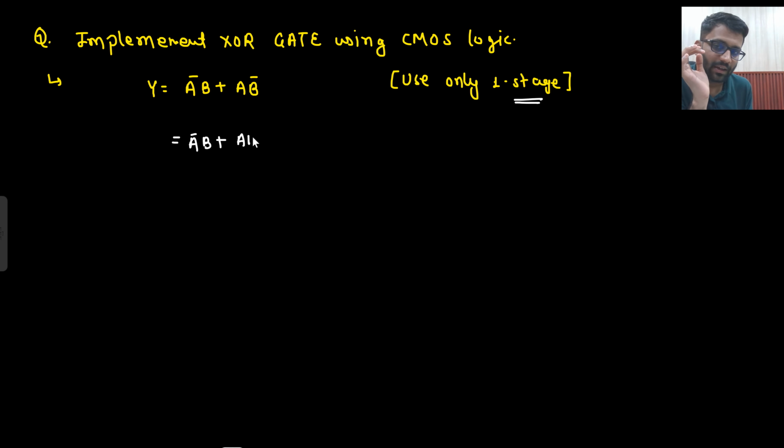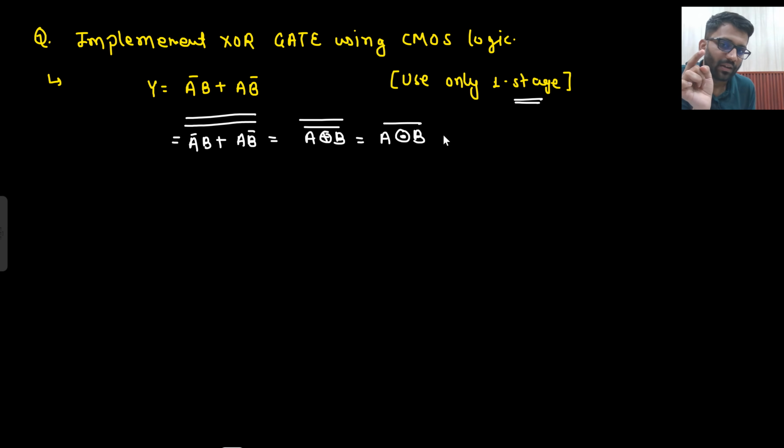A bar B plus AB bar. If I take double bar, this expression remains the same. Now what is the bar of A bar B plus AB bar? Basically it is A XOR B, double bar I am taking. And what is this? A XOR B bar. And how I can represent A XOR B? That is A bar B bar plus AB. And then there is a bar.